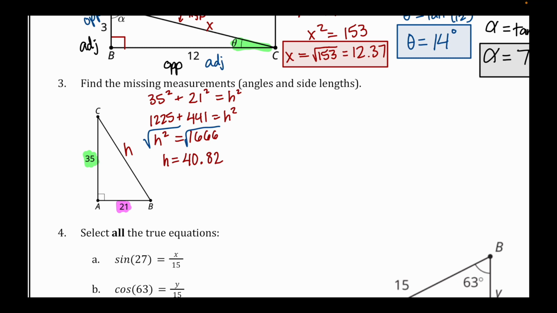Okay, so that being said, let's start with angle B. So I'll do this one in blue, and I'll just call angle B theta, and we'll say that B has, in this case now, the opposite and the adjacent. So the opposite and adjacent means we're going to use tangent.